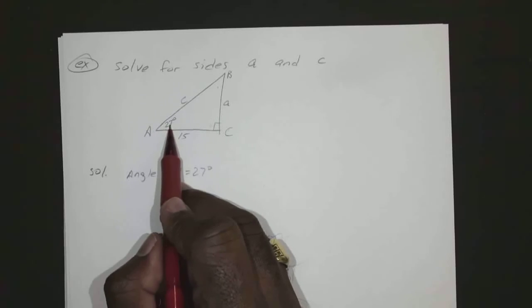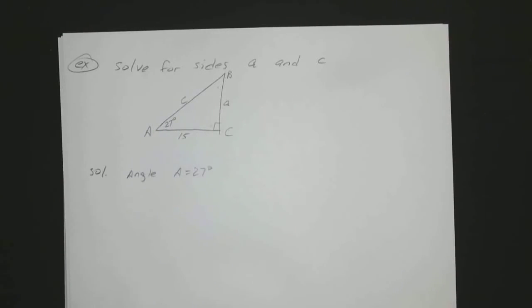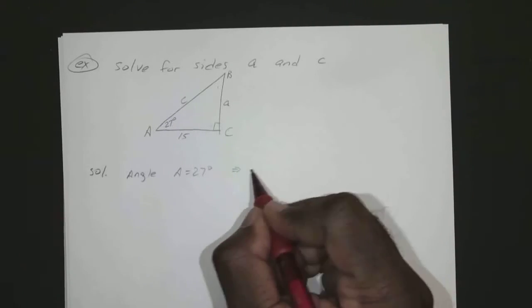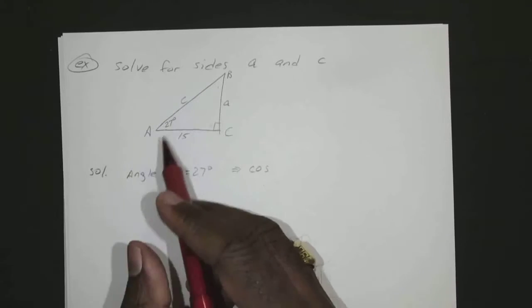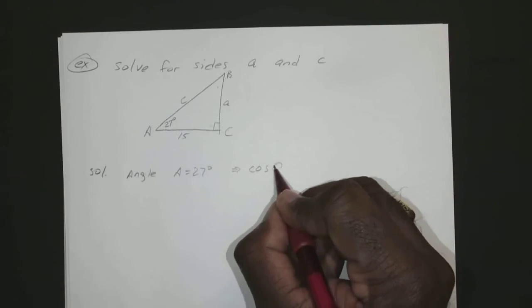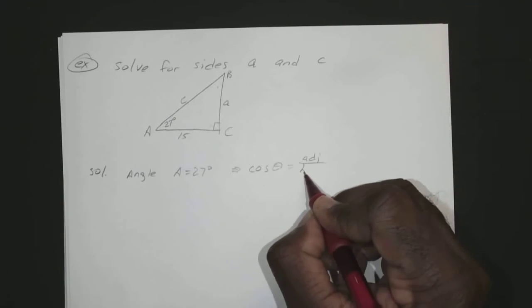So to figure out A and C, we can do our cosine of 15 over C, or we could have done sine with opposite over C and solve from there. But we have cosine of theta equals adjacent over hypotenuse.